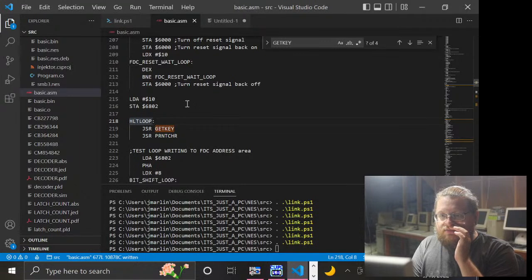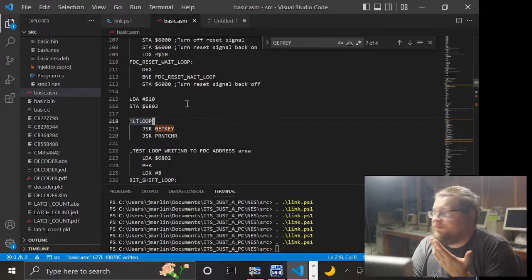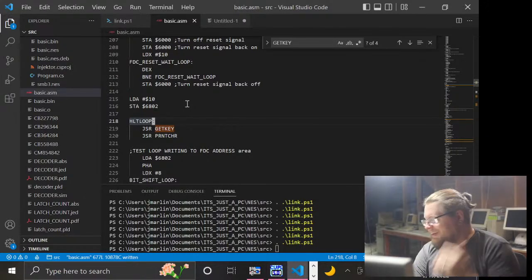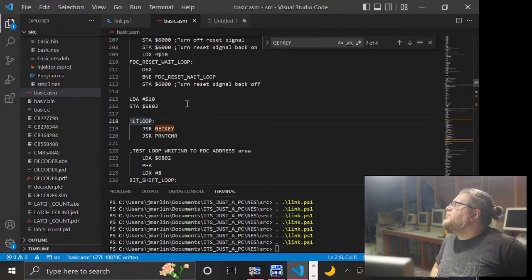And that really should be that. Then I guess we can plug a floppy drive in. There's nothing stopping us at this point, except for my own fear.